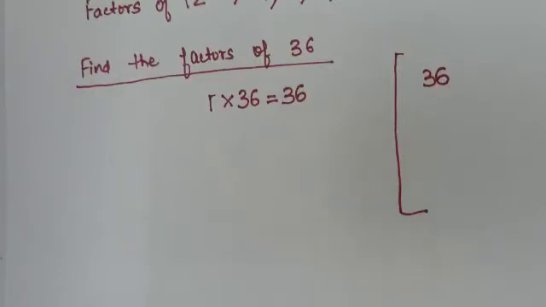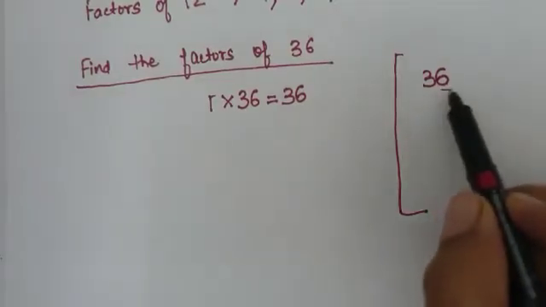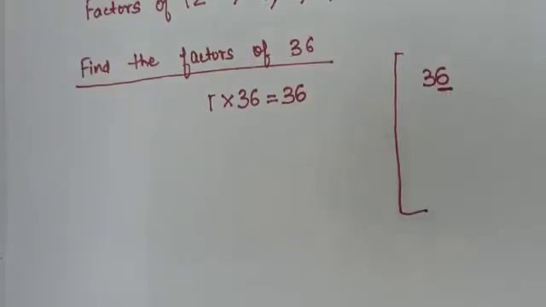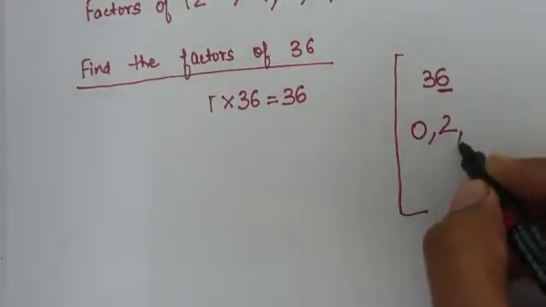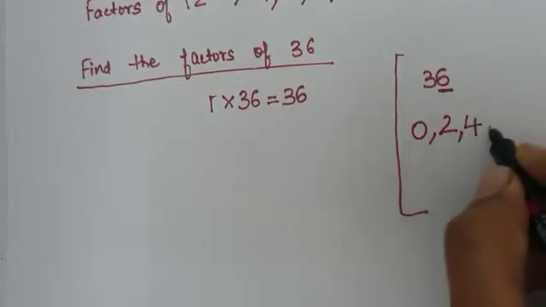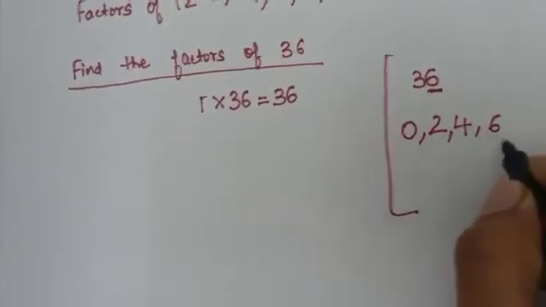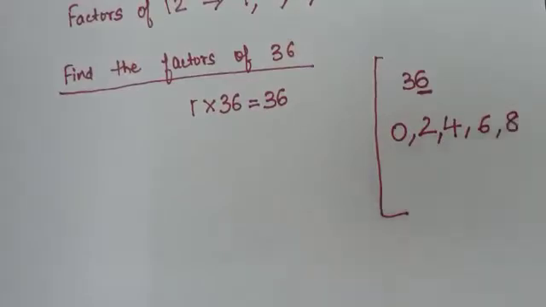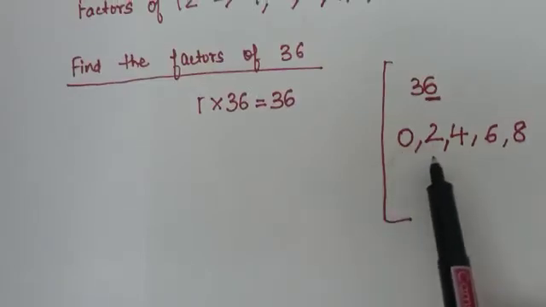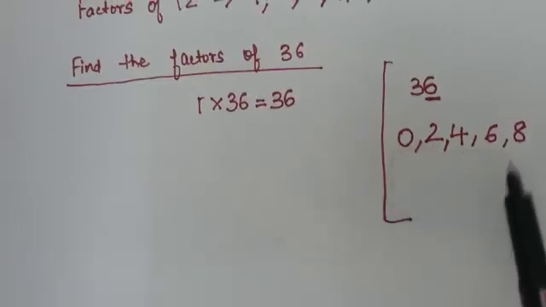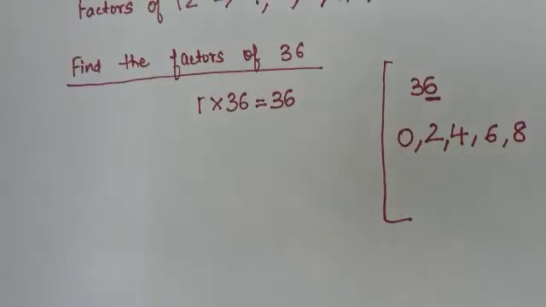If the last digit of any number is either 0, 2, 4, 6 or 8, then that number will come in the table of 2.